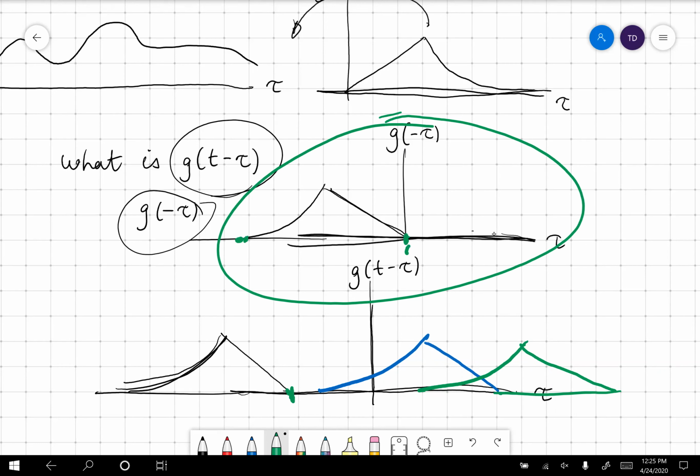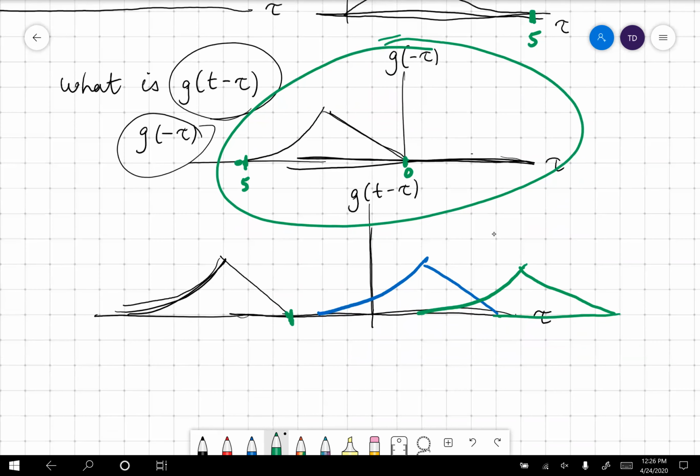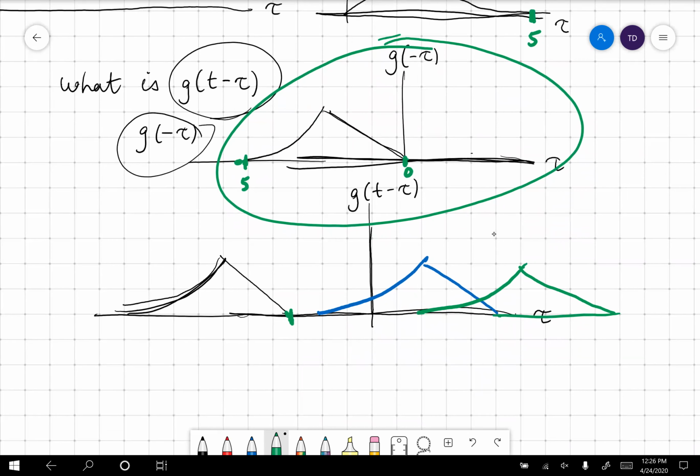So right here, obviously that's 0, and I'm going to make this up. Let's just pretend this is 5, which would mean that was 5. So when I look at these edges and want to know where they are, it depends on the value of t.